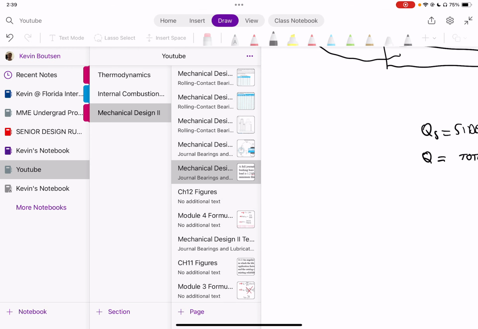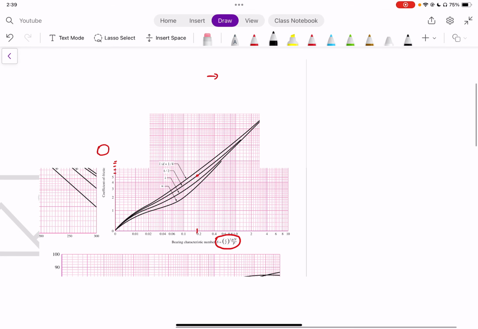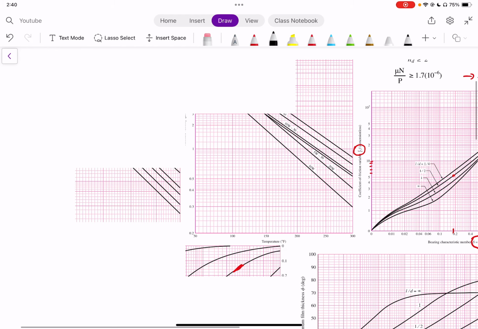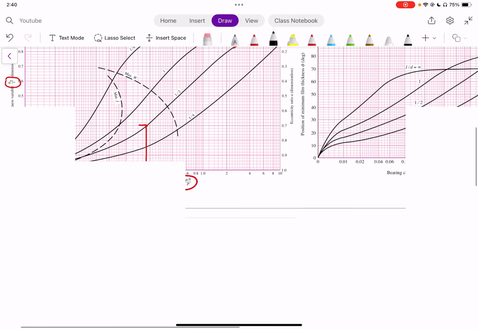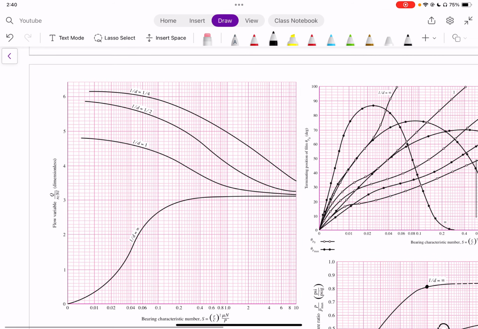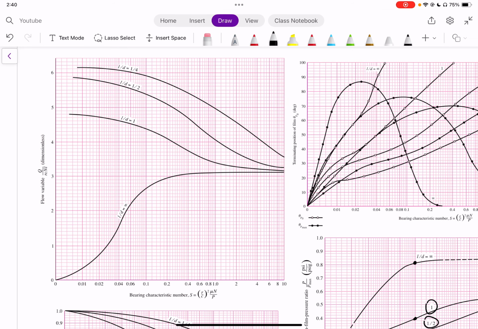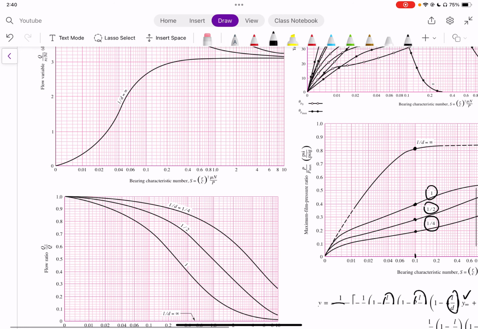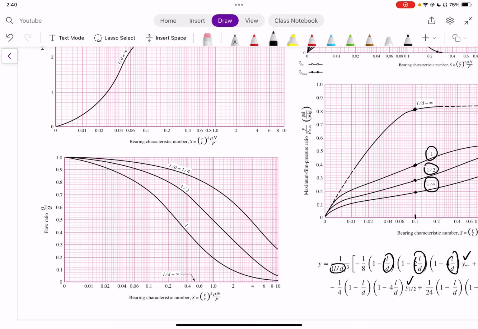So if we go to our problem, we have some charts on the second page of our formula sheet. We have flow variable Q over RCNL versus bearing characteristic number here on the left. And we have flow ratio, which is QS over Q. So in order to find QS over Q, we need to find Q first.